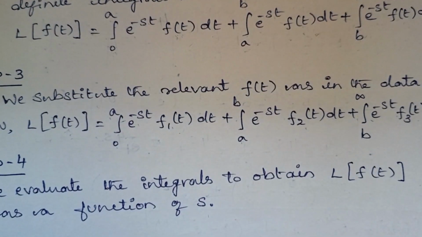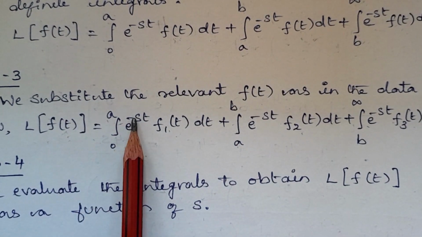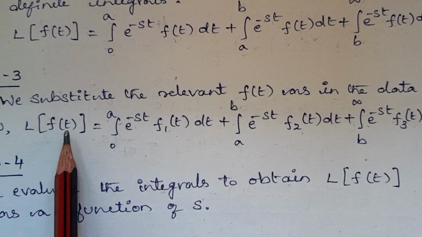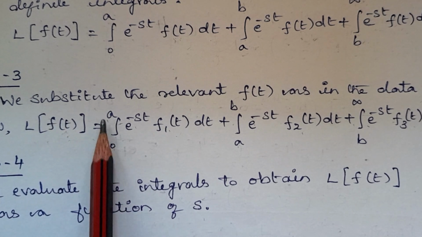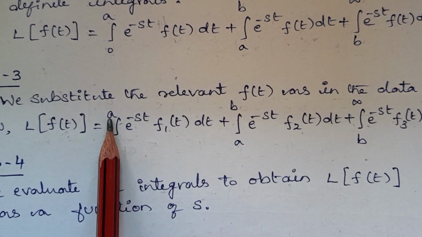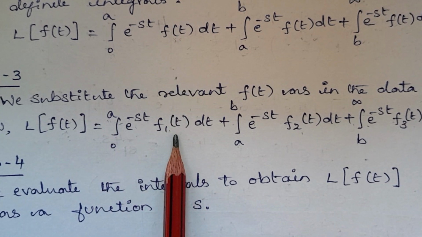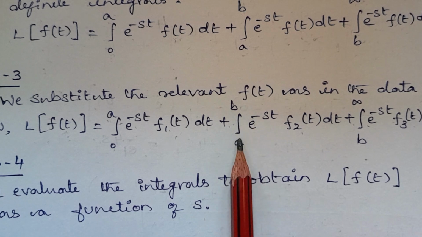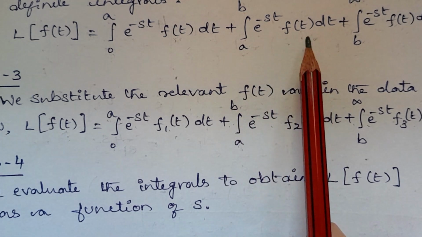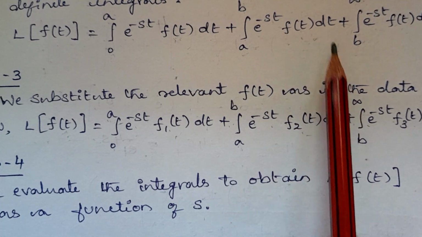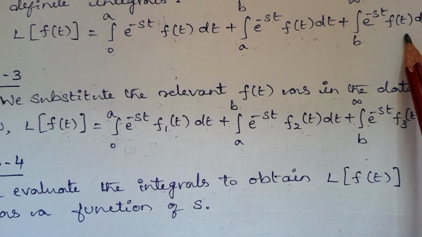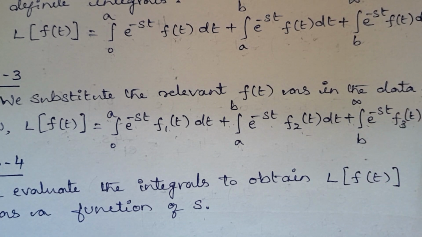Next, step 3. We substitute the relevant f of t as in the data. Now, Laplace transform of f of t equal to integral of 0 to a e power of minus st, when the first interval is 0 to a, f of t will be f1 of t dt, plus in the second interval integral of a to b e power of minus st, f of t will be f2 of t dt, plus the third interval b to infinity, f of t will be f3 of t dt.